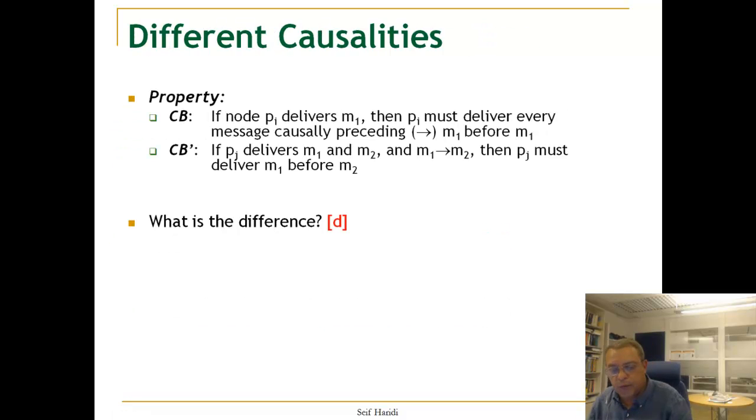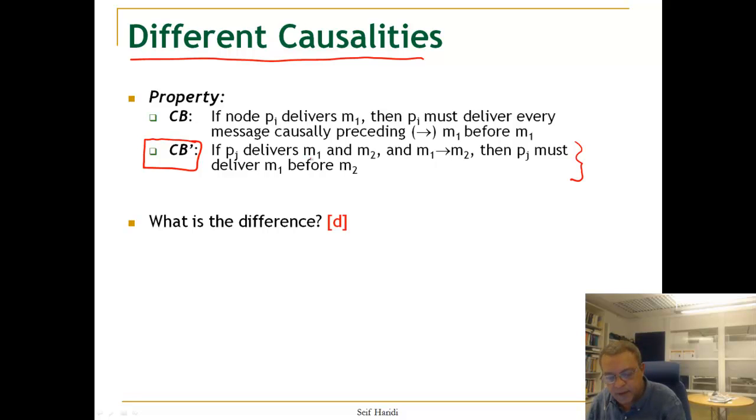Let us also look to two different possible formulations of the causal broadcast property. I guess everybody would have first thought that the right way to specify a causal broadcast is by this property that I just pointed to: if a process Pj delivers two messages M1 and M2, and M1 causally precedes M2, then Pj must deliver M1 before M2.